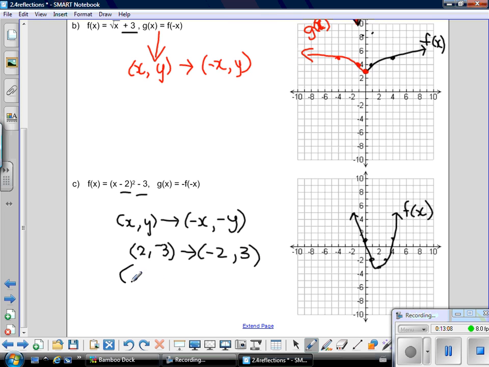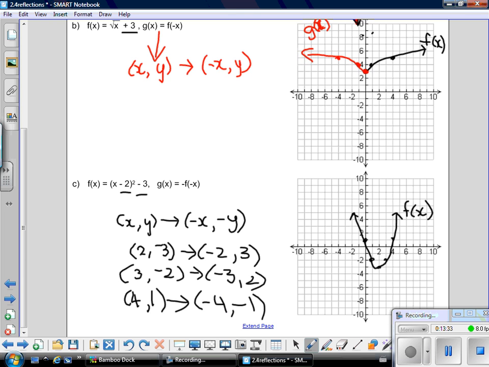The point 3, negative 2 will be translated into negative 3, positive 2. And finally, that other point was 4, 1, and so that's going to be translated into negative 4, negative 1.